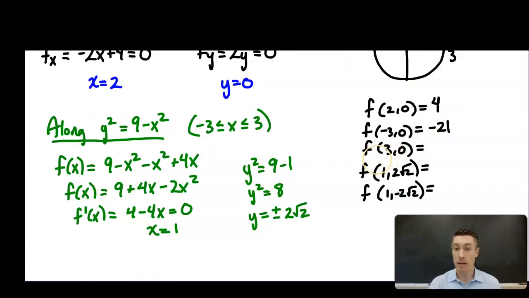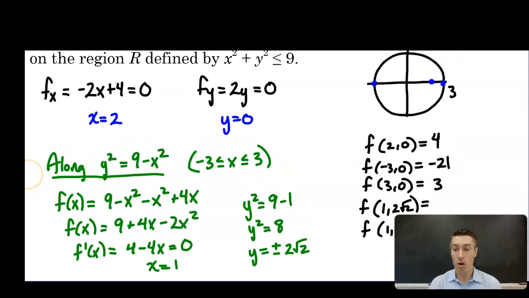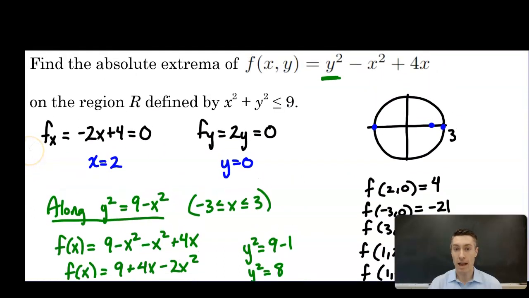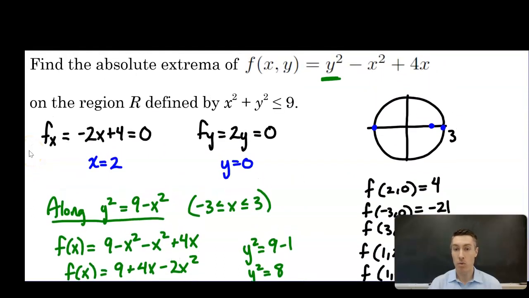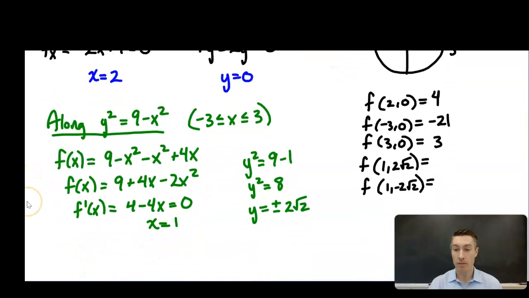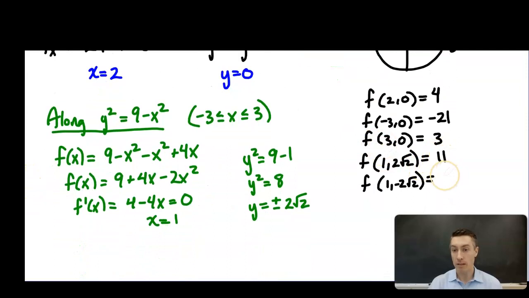And then 3, 0, it's going to be -9, but now plus 12, so that's 3. And then the square root point, 1, 2 root 2, so that's 8, minus 1 is 7, and then plus 4 is 11. And it will be the same because we're squaring y, and the negative is not going to change the output. So there are all the outputs of the function.